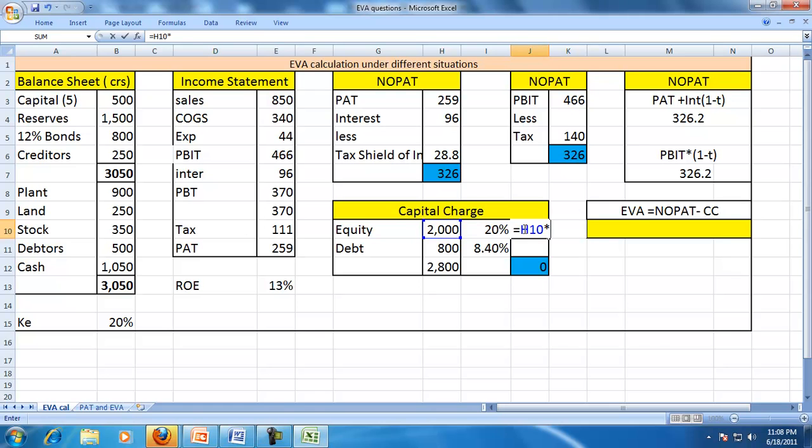If you multiply the cost with the amount, you get the capital charge, which is 467. So we have NOPAT, we got the capital charge, and EVA is equal to NOPAT minus the capital charge, 467, so there is a negative EVA. The company is making an accounting return on equity of 13%, but it has a negative EVA of 141.